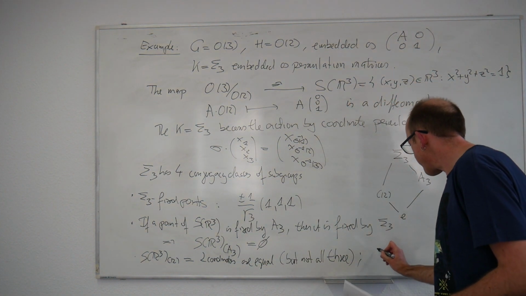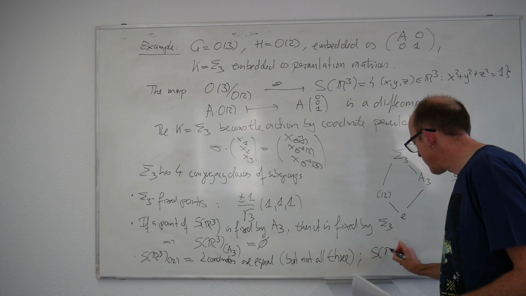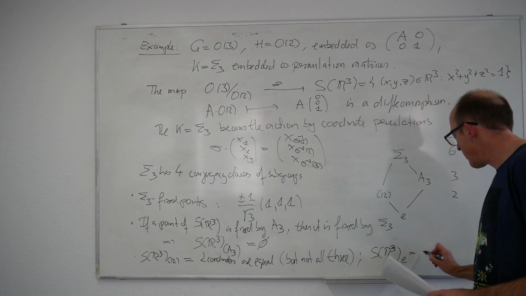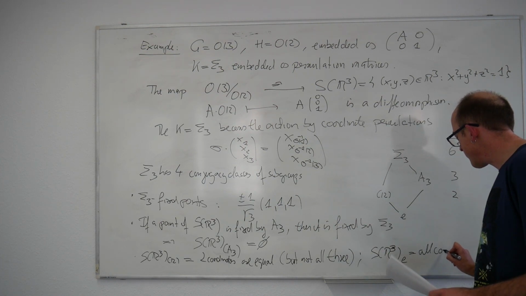And finally, for the trivial subgroup, these are the points where the stabilizer group is trivial, so these are the points where all coordinates are different.